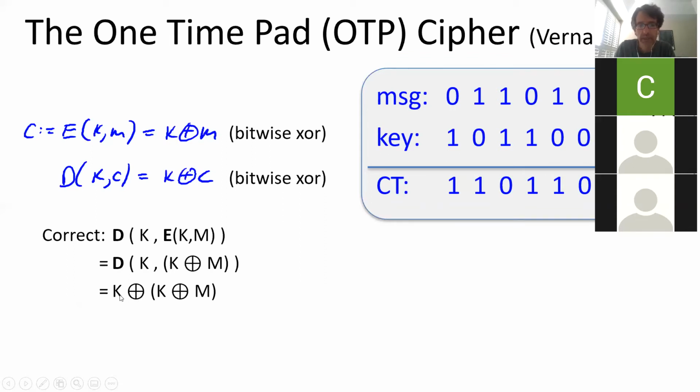And then you can recall that the way XOR works is that it is associative. So when you XOR strings, it doesn't matter what order you do. As long as you XOR them in any order, they create the same thing.